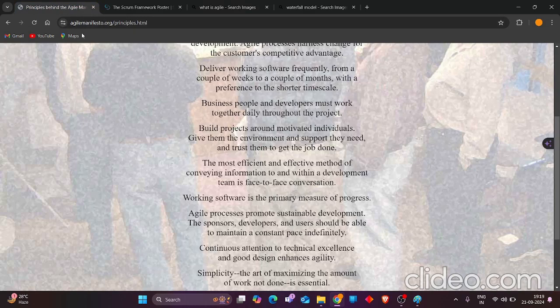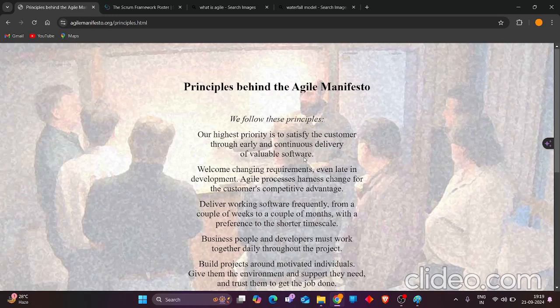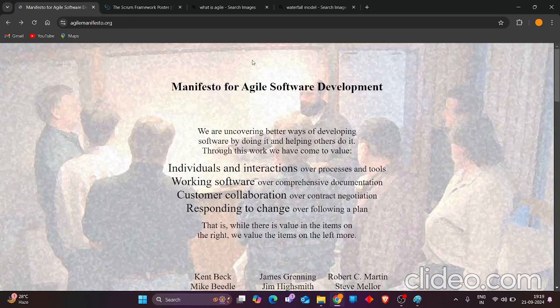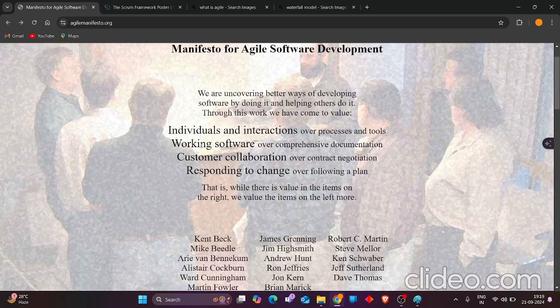This is the official page of the Agile Manifesto. Agile methodology has four values and 12 principles.